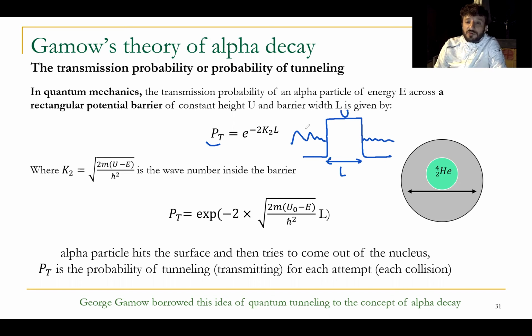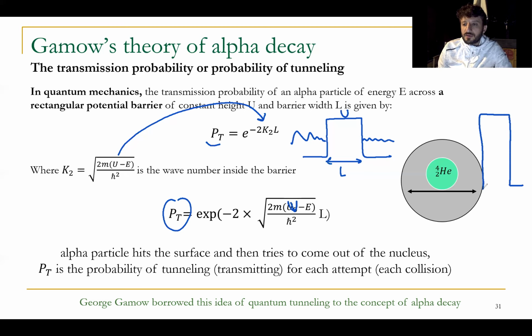We can substitute the value of k2 here to get finally Pt equals exponential minus 2 times radical of 2m (U minus E) divided by h square times L. Here we have the alpha particle inside the nucleus, and at the edge here we have a rectangular potential well. Excuse me, a rectangular potential barrier.